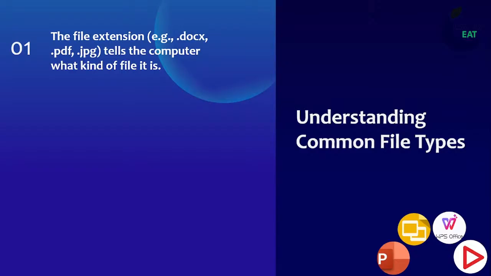Now, one special type is the .zip file. A .zip file is like a vacuum sealed bag for your files. It compresses multiple files into one smaller package, usually perfect for emailing or storing to reduce space.